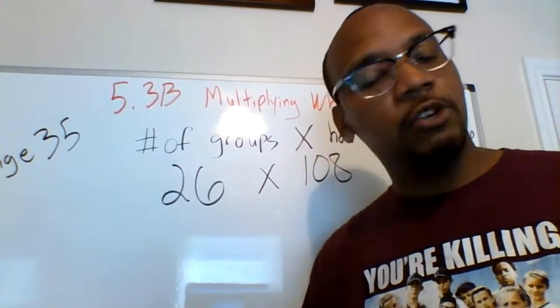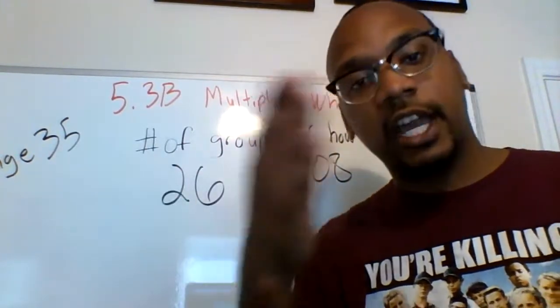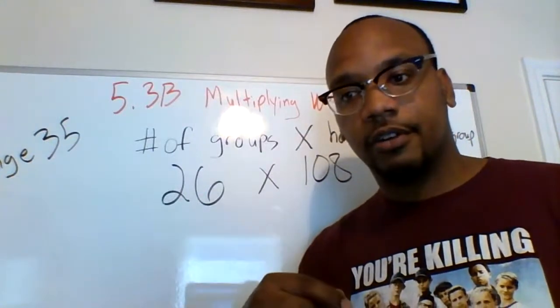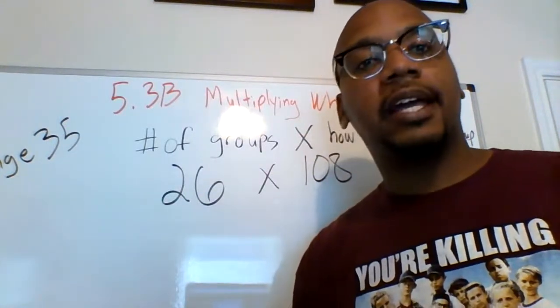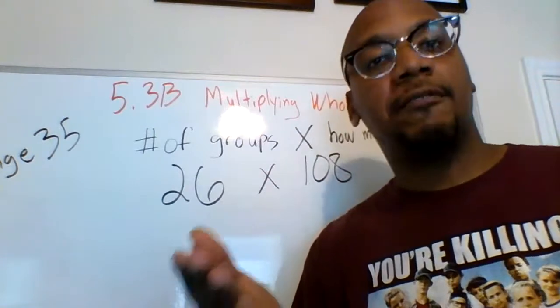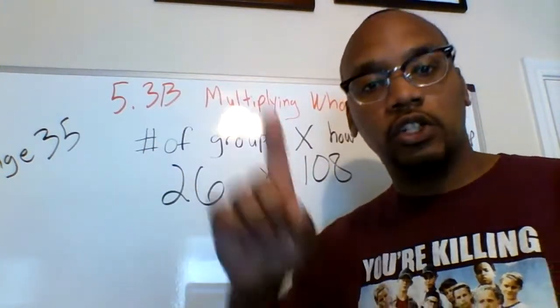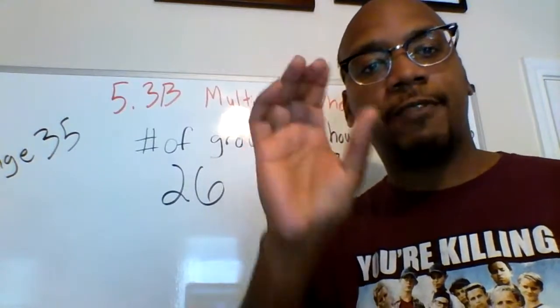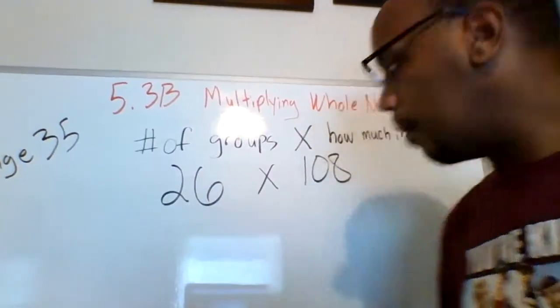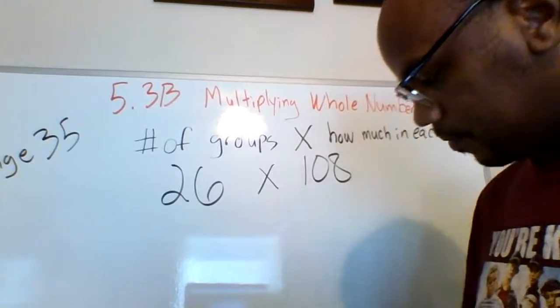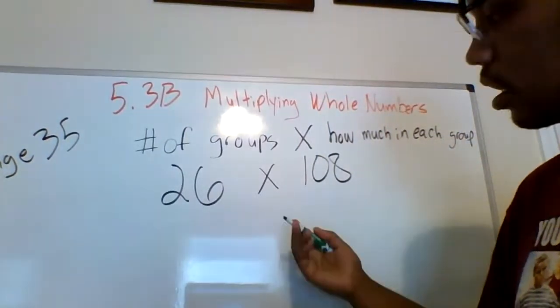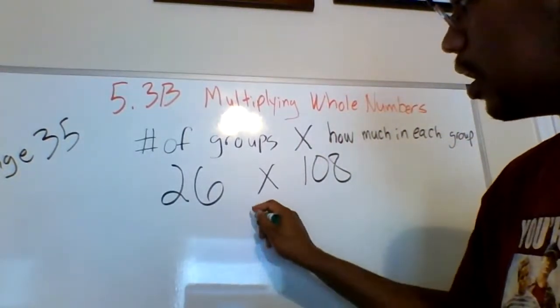If you don't know how to do standard, go back and look at my videos on standard and on the other ways to multiply. But now I'm gonna do standard. It's okay, Michael.